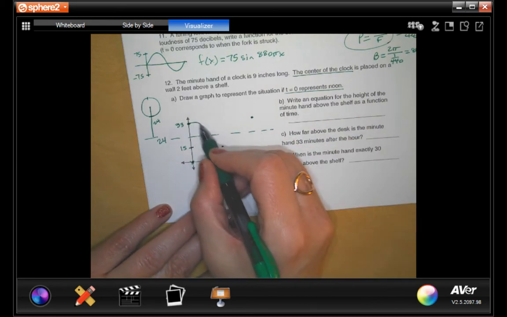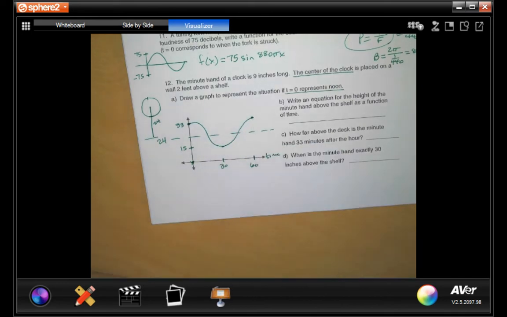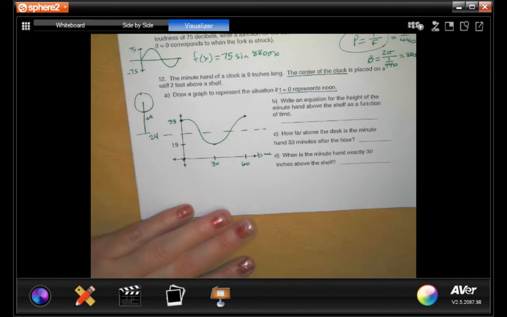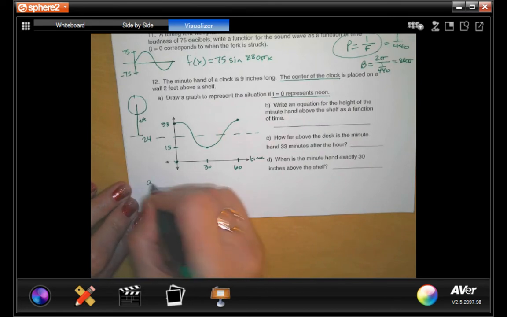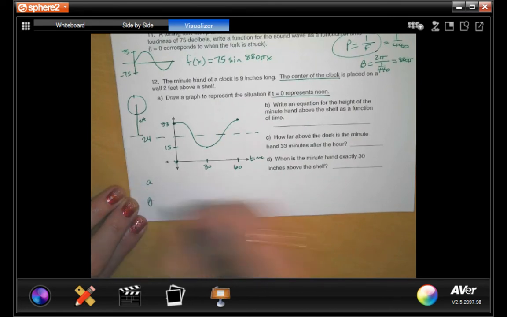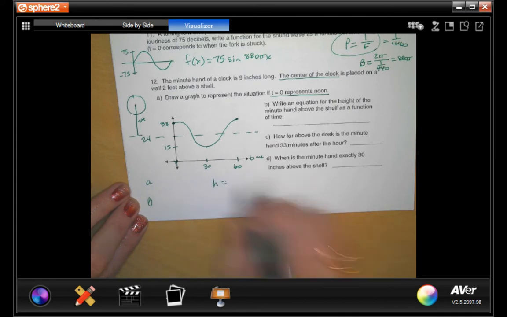So here's our graph. Just like on the others, we have to find A, B, H, and K. Do we have an H? Are we translated any left or right? No. What about up? Yes. How much do we translate up for K?